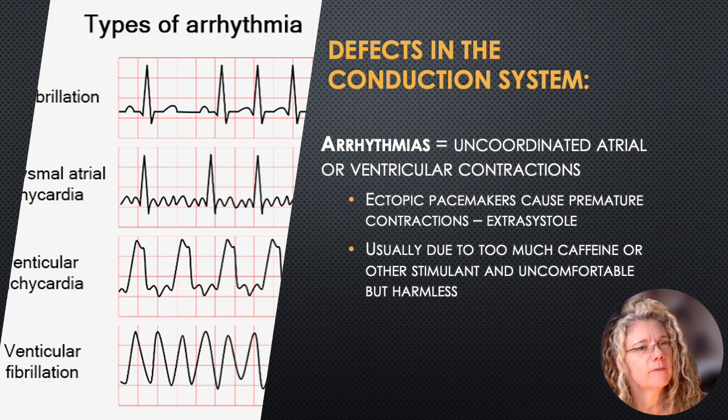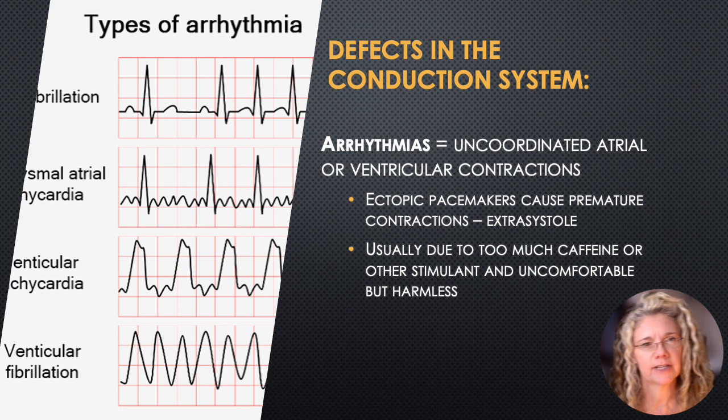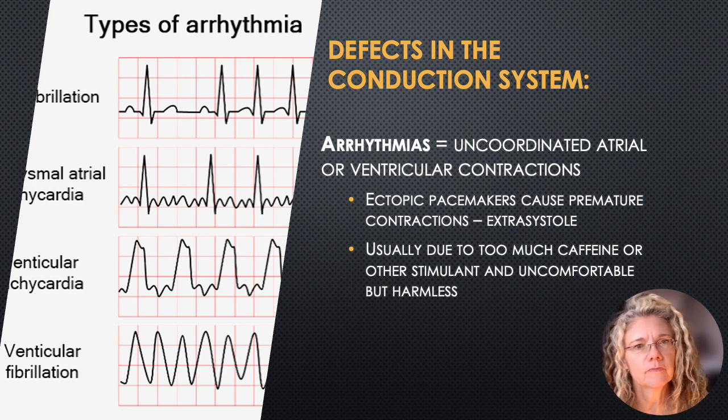So we can get what we call ectopic pacemakers. So an arrhythmia, I'm going to back up a second. An arrhythmia is when the heart's function gets uncoordinated, right? When we don't have a nice rhythm in between how the atria behave and how the ventricles behave. So when we have that happening from an ectopic pacemaker, then we get a premature contraction or an extrasystole, right?